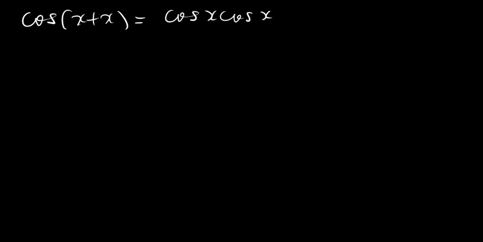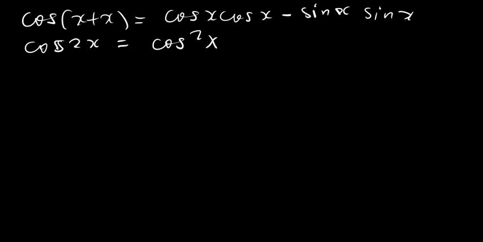Because of plus there will be minus. Then sine x times sine x. So cos 2x will be equal to cos x times cos x is cos squared x minus sine x times sine x is sine squared x.